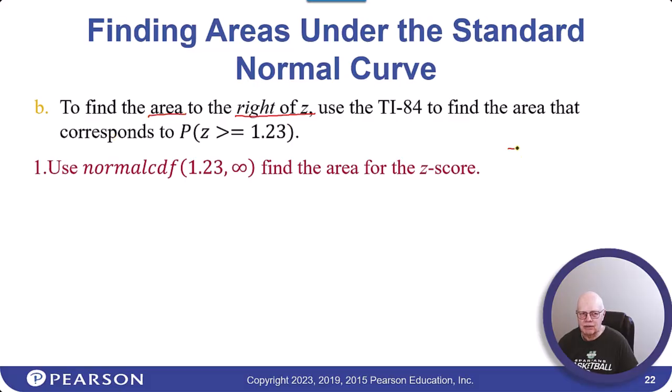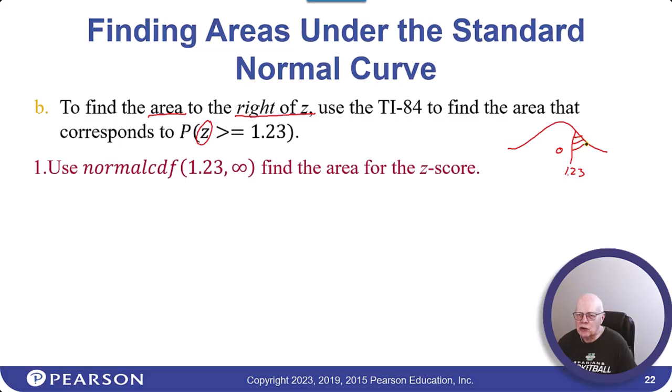So grab our picture. Remember, 0 is in the middle. Why? Because we're talking about z-scores. Where is 1.23? 1.23 will be somewhere out here. However, remember what we're trying to find. We're trying to find the area to the right. So shade this in.